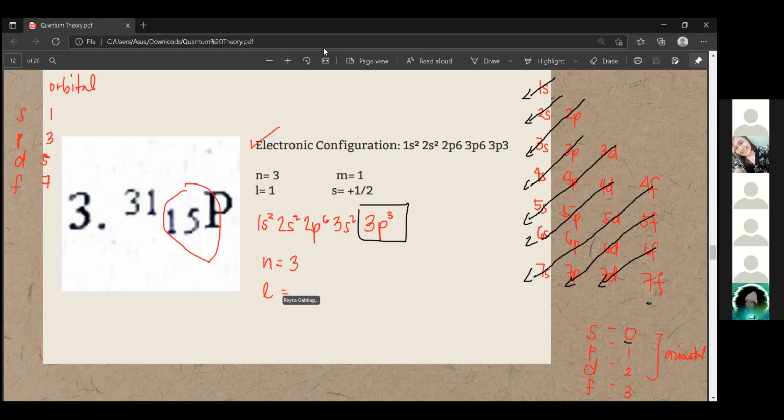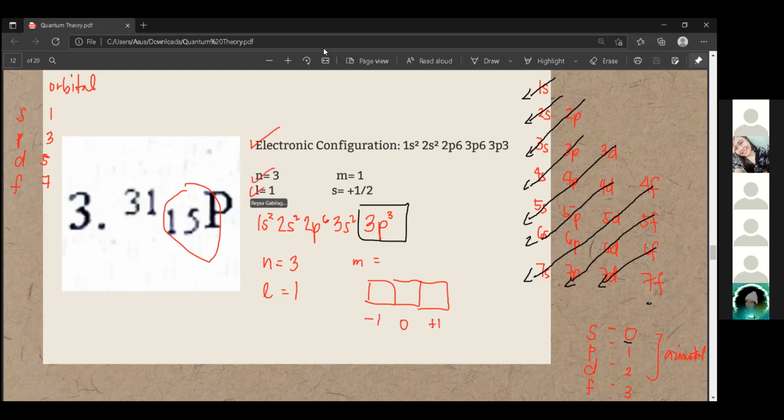P. P, the L number is 1. Okay, very good. And then for the magnetic quantum number, how many orbitals do we have for P? Tatlo. Very good. So tatlo, 1, 2, and 3. You place numbers starting 0 sa gitna, positive 1 and negative 1.